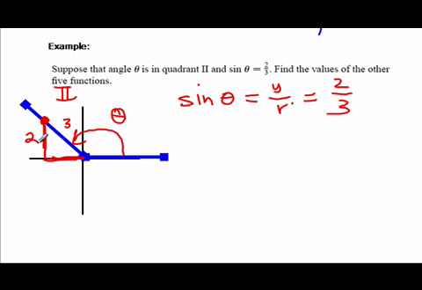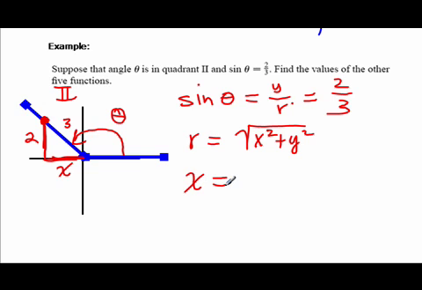So I'm going to modify. I know that r can be found by taking the square root of x squared plus y squared, and I need to modify that to find x. Turns out that x, if you take the equation that I just wrote, square both sides, subtract y squared, then we turn around and take the square root again, x can be found by taking the square root of r squared minus y squared.